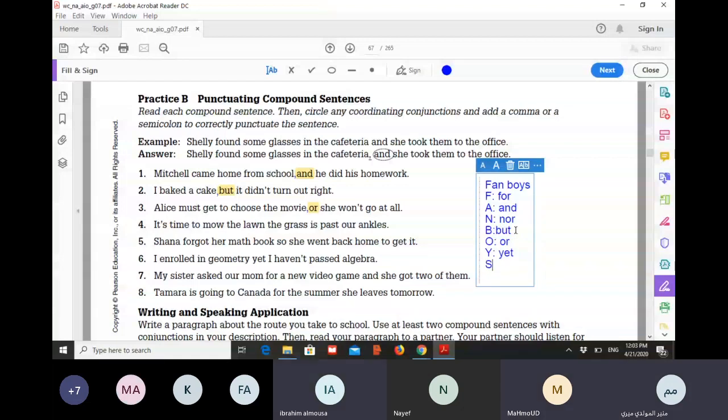So you need to find one of these words here. Either and, nor, but, or, yet, so. If you don't find one of these words, it means that the sentence is a compound sentence, but it is not joined together by using a coordinating conjunction. Rather, the two sentences are joined together using a colon or a semicolon.